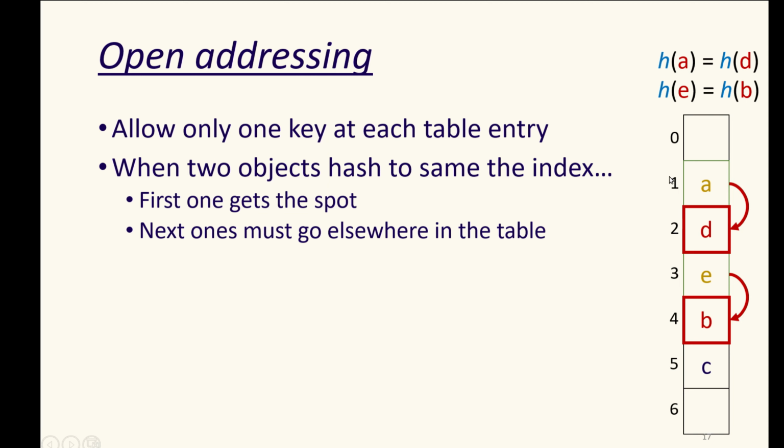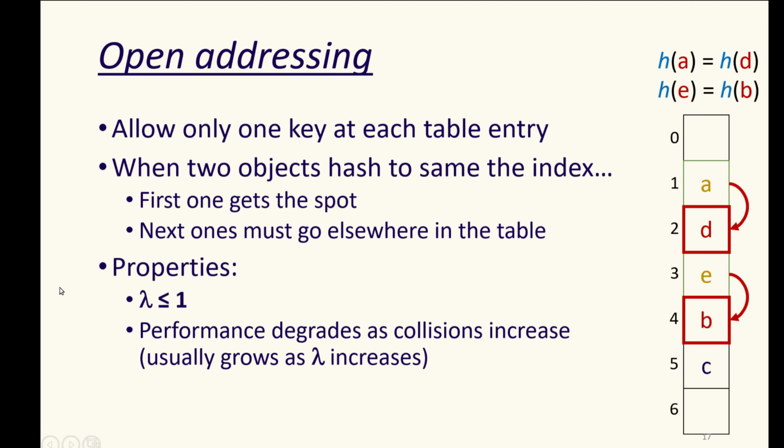So we have to have a load factor that is less than or equal to 1 because we cannot fill more than the slots that are available in our hash table. We're not growing here. And the performance will degrade as the number of collisions increase, which is also true for the other options, but here we'll degrade faster because we have to do some more work to find where a thing went.